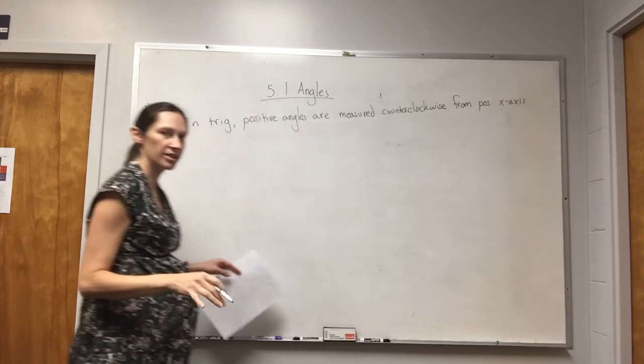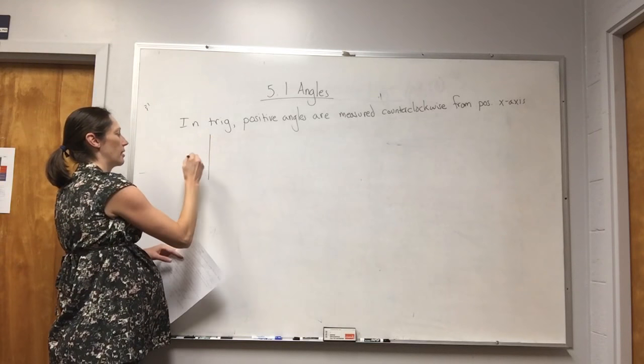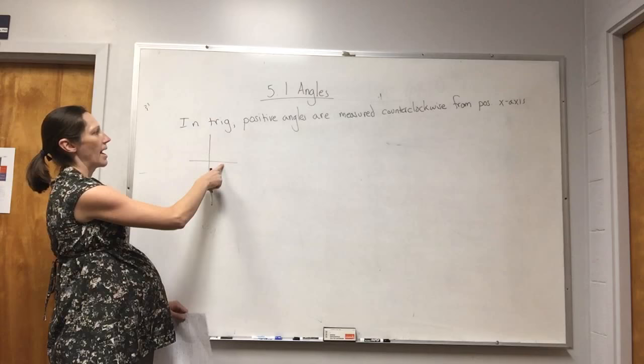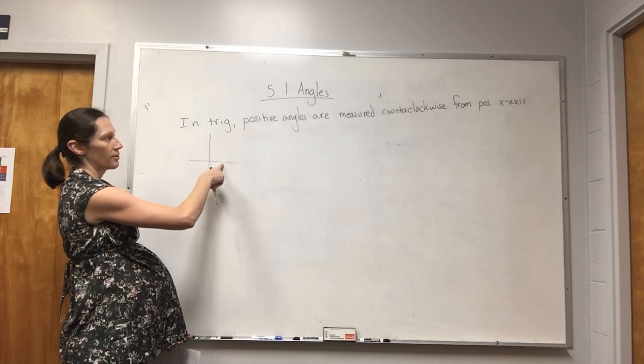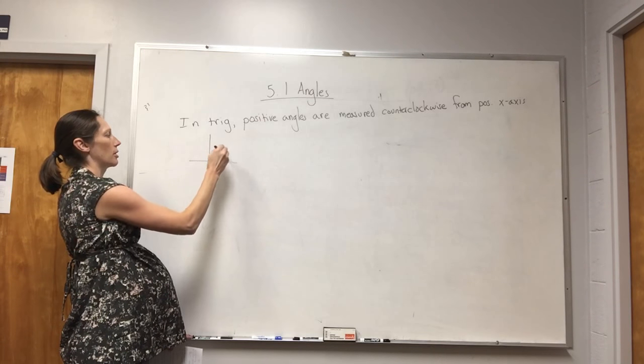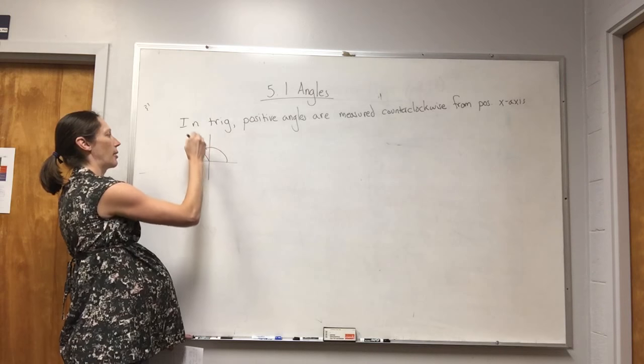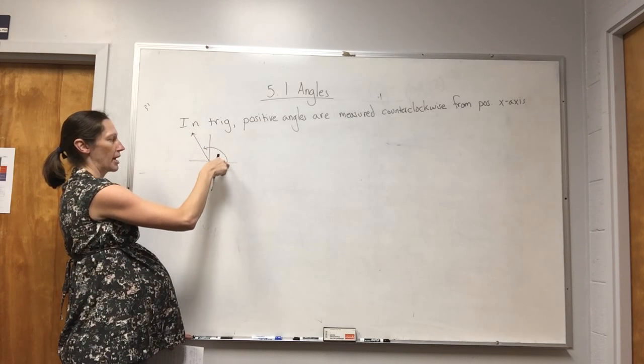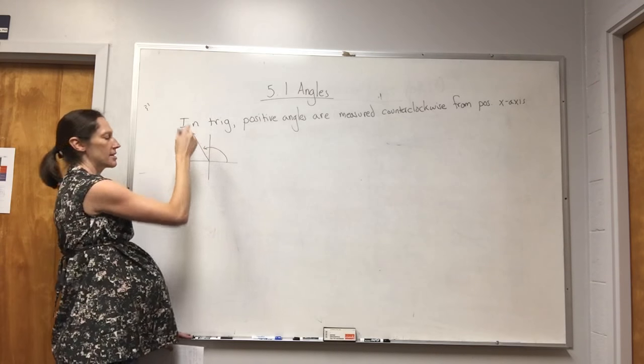Obviously we need the x-axis, the positive one is the one on the right here, and if I'm measuring a positive angle, I need to move here and go in the counterclockwise direction. So this angle is formed from the x-axis all the way to this stopping point.